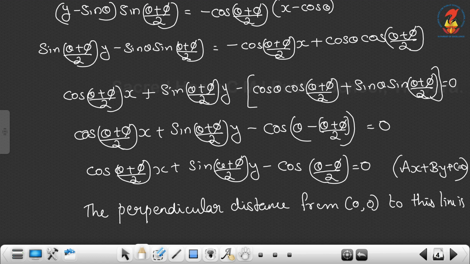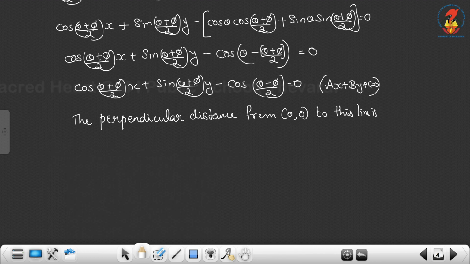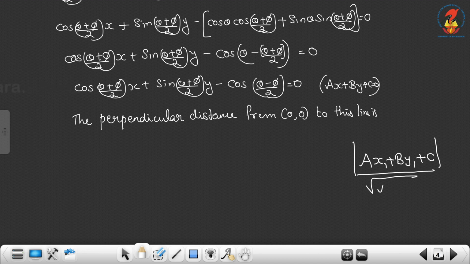is, how to find the perpendicular distance from a point to the line. The formula is modulus of a, instead of x we have to give the point, for y also, then plus c or minus c whatever sign, by root of a square plus b square. This is the formula. So here this is the line.